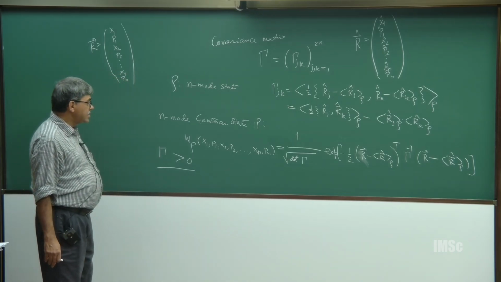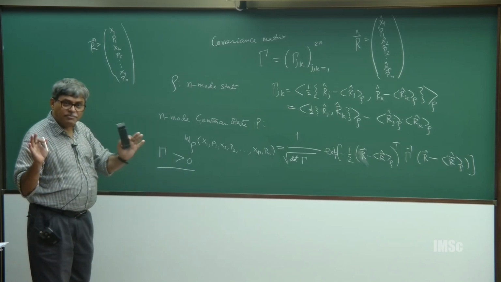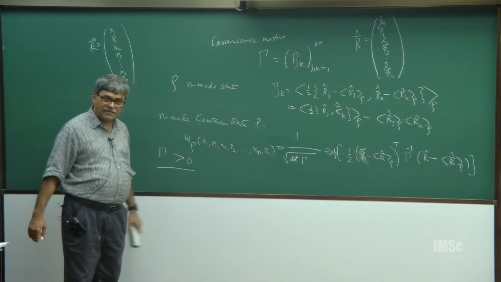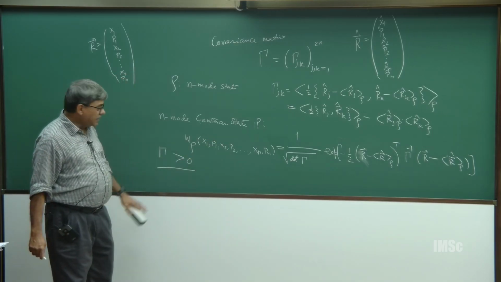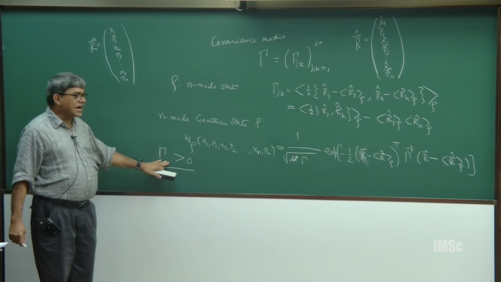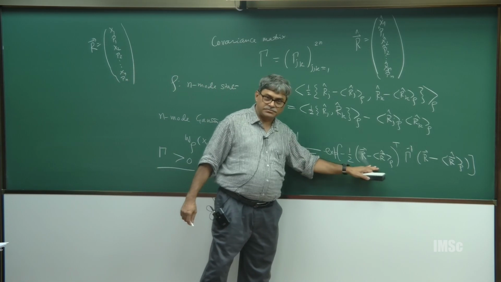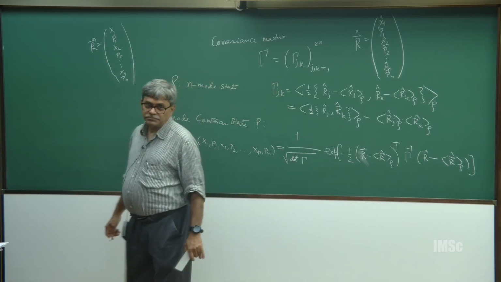right. Now, if I take a classical probability distribution like this n mode classical probability distribution on the phase space, then this is enough to say that this is a valid probability distribution. Okay.